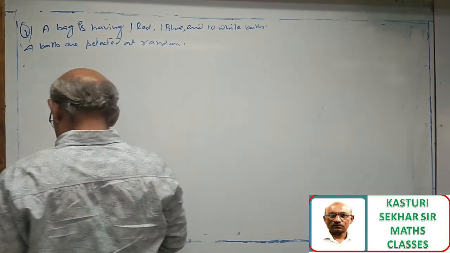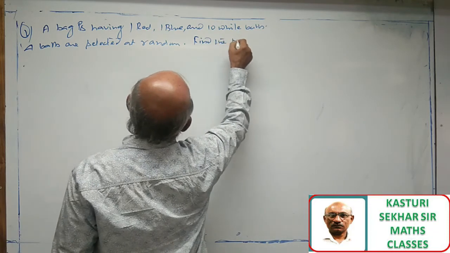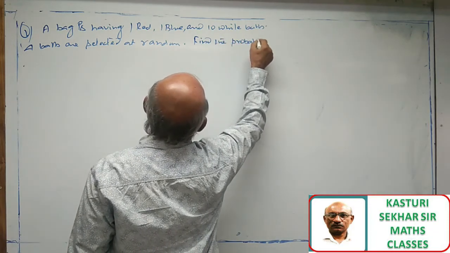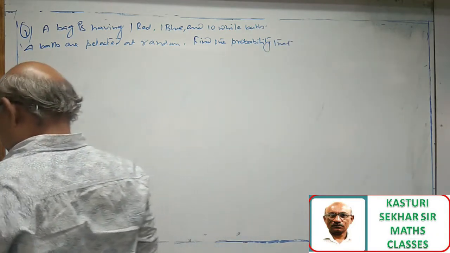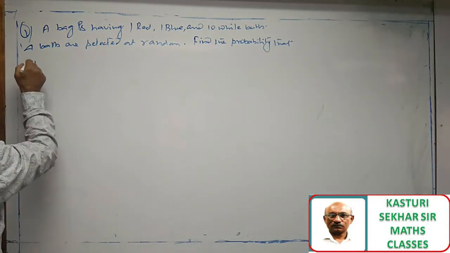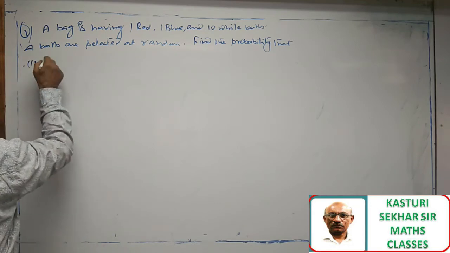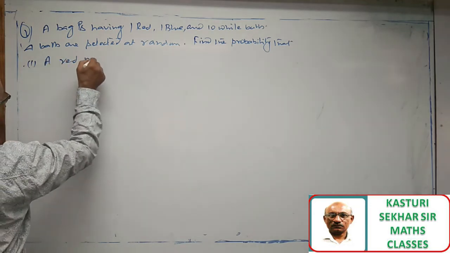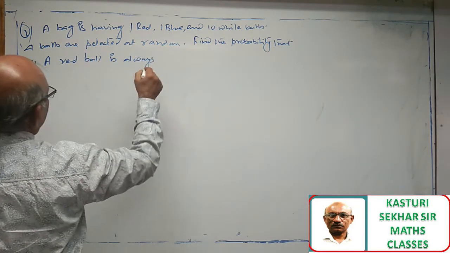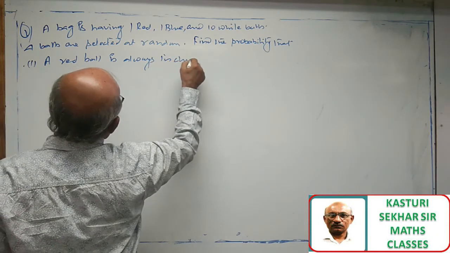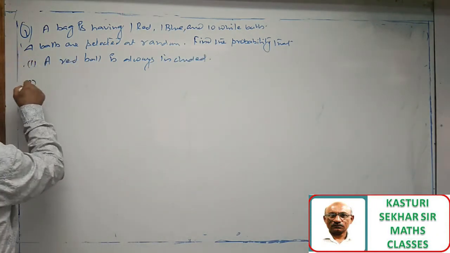Find the probability: first question, a red ball is always included.